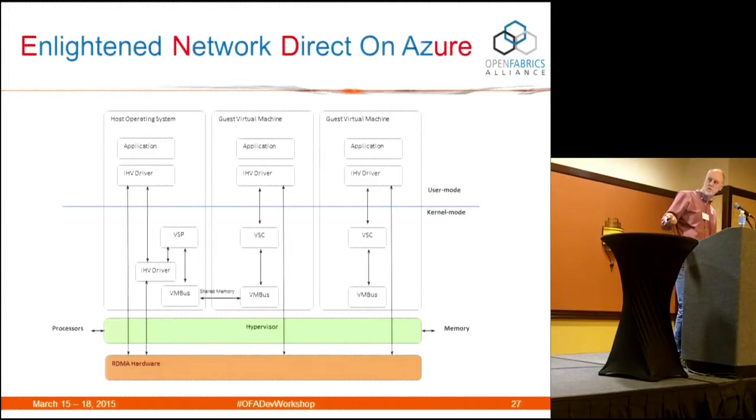There's a virtual device driver that captures the privileged operations, but it enables direct access to the hardware for the hot path operations. So you can expect full performance from this for all the interesting operations and receive, hardware-specific work queue operations.